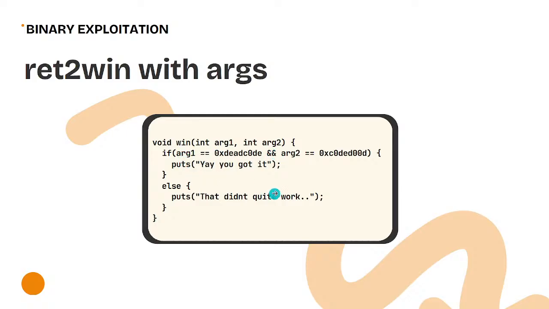We'll check arg1 is equal to 0xdeadc0de, and arg2 is equal to 0xc0dedude. Basically the win function, they had told you before in the ret2win session, you can return to any arbitrary function if you overflow and write over the return address. This is a slightly advanced version since we need to have arguments for this win. So let's see that.